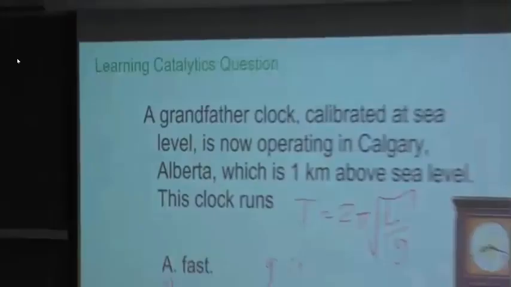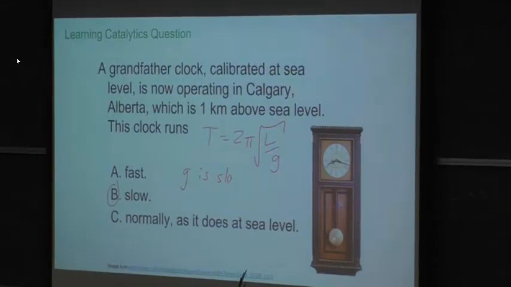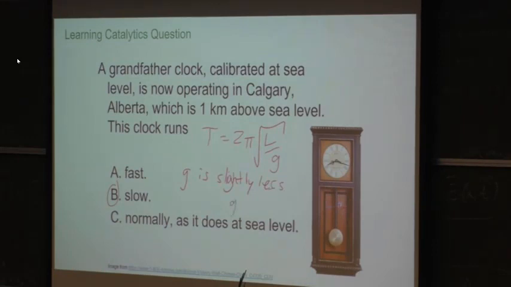So good. g is slightly less, and that's all it takes to throw your clock off, right? Because it's ticking every single second. If g is down, and it's in the denominator, that means T is increased. So instead of going tick, tick, tick, it goes tick, tick, tick. Does that make sense?